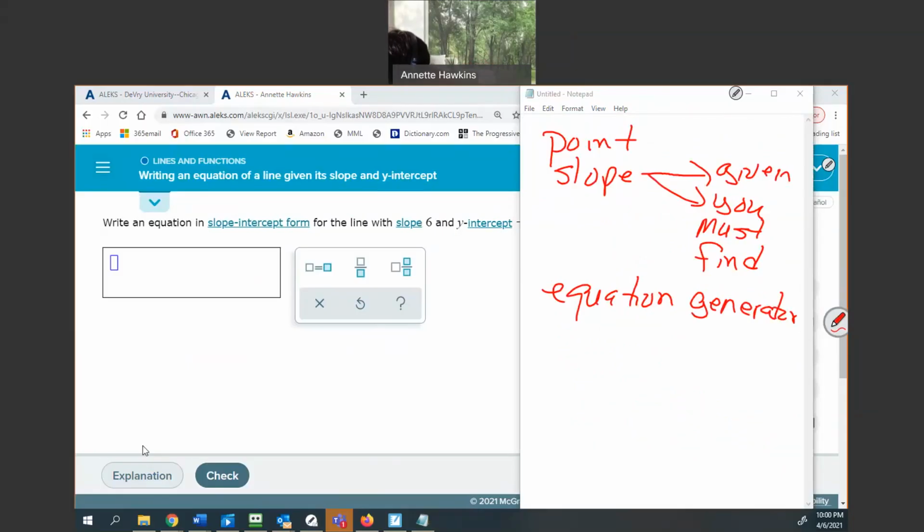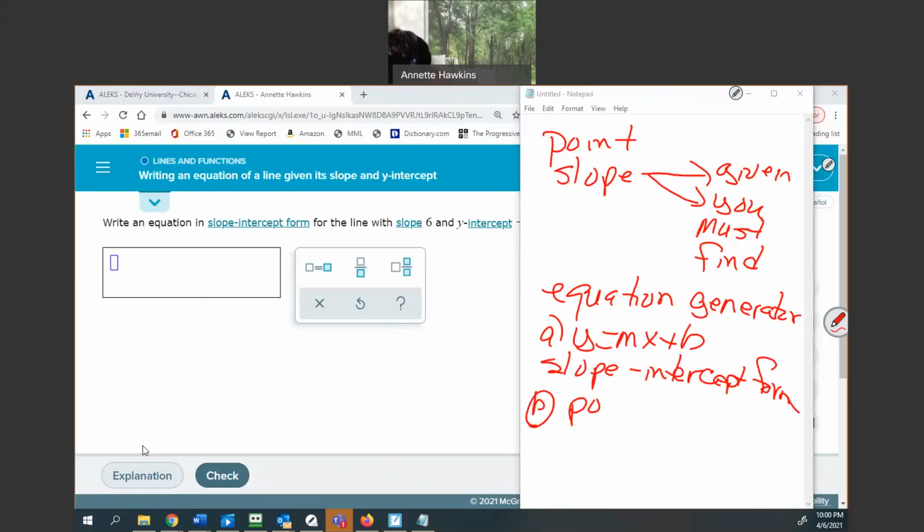The equation generator could be y equals mx plus b, which is the slope-intercept form, or it could be the point-slope form, which is y minus y1 equals m times x minus x1.